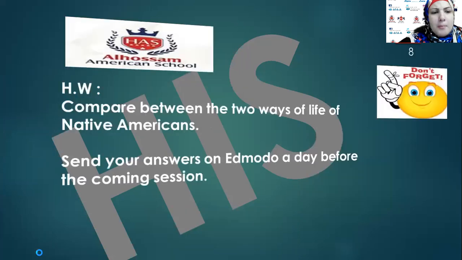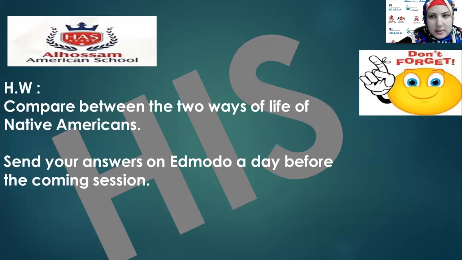By the end of this session, I would like you to compare the two ways of life of Native Americans. Today, we covered the hunting community and the farming community. For the hunting community, you are going to tell me, what do hunters do? Where do they live? Also, the place they live is called what?